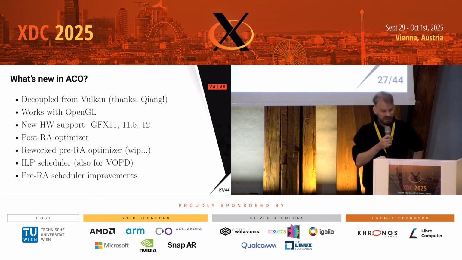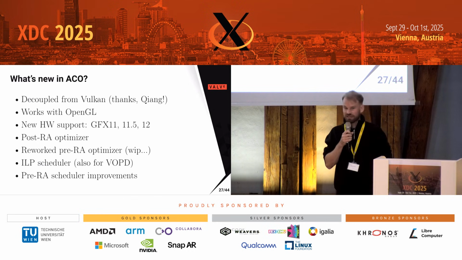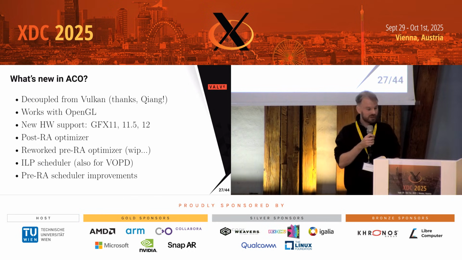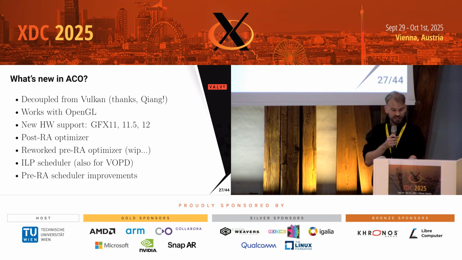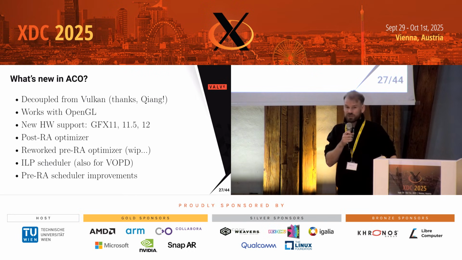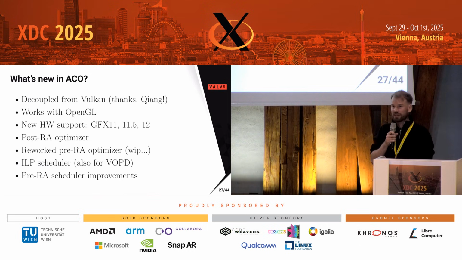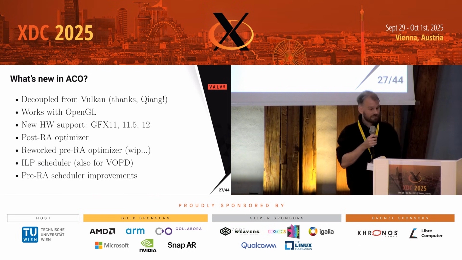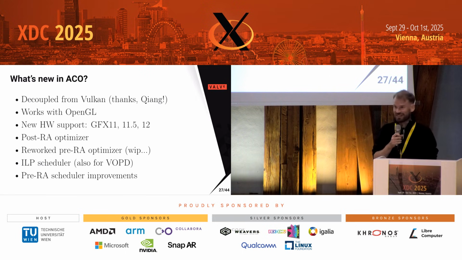Besides that, of course, new hardware support is always a task. This is never standing still, because there are new releases every year or every other year. As of now, ACO supports all GPU generations from the earliest GCN to the newest RDNA, and we are also willing to support the next generation.